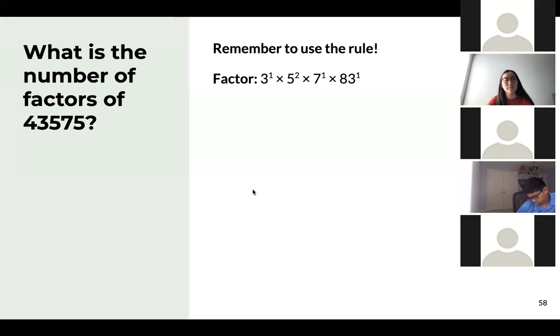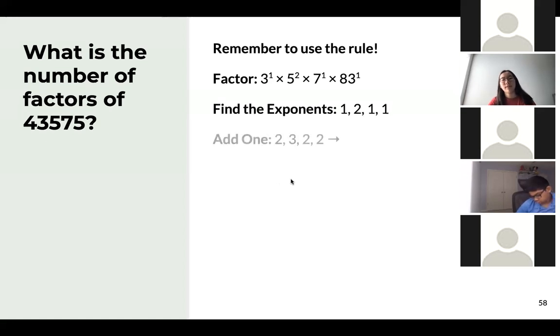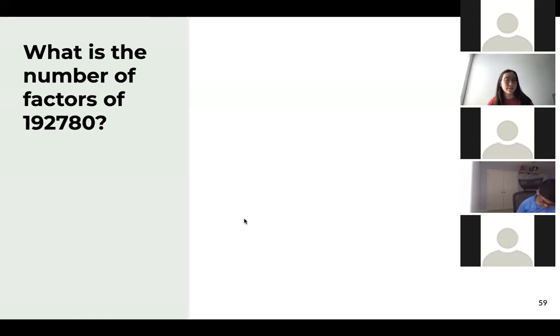Yeah, 24 factors. So find the exponents, add 1, multiply. 24 factors. Okay.